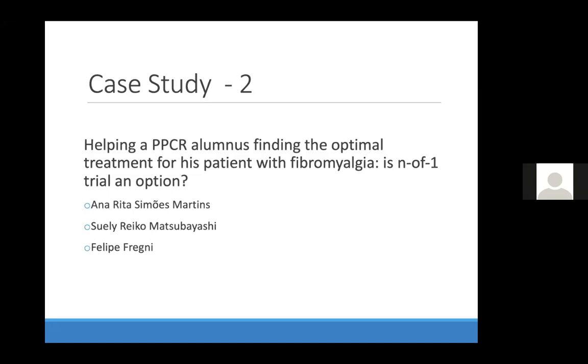Okay. And I wrote a very brief summary for this case. Dr. Sato wanted to assess optimal treatments for fibromyalgia, and he ran a randomized double-blind multi-crossover N-of-1 trial to compare amitriptyline and the combination of amitriptyline and fluoxetine in patients with fibromyalgia.